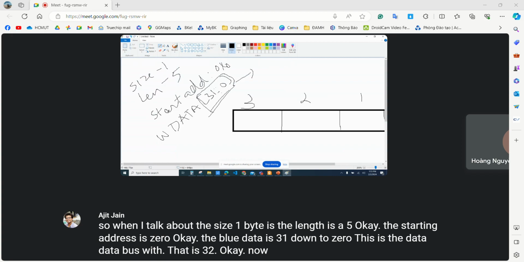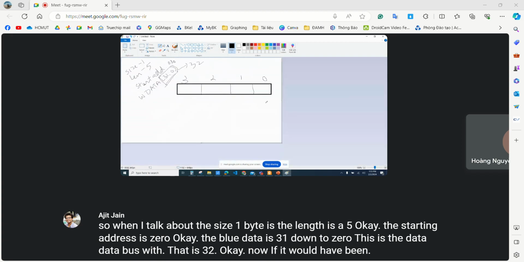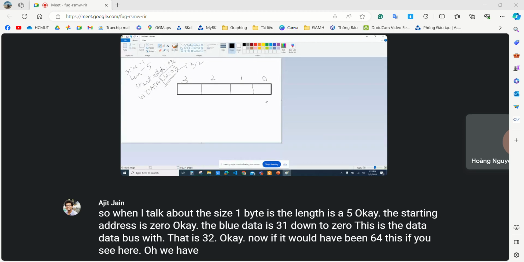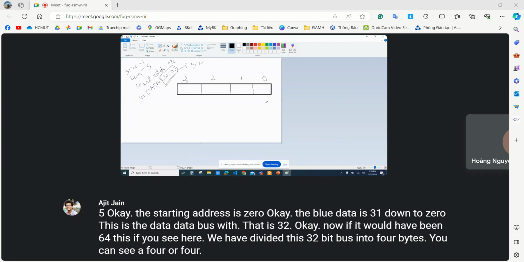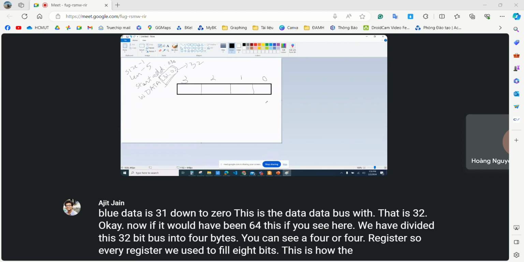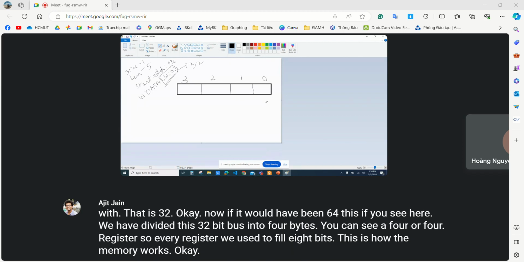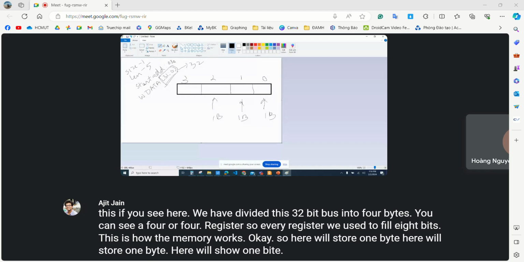If it had been 64, the bus would be divided differently. Here we have divided this 32-bit bus into 4 bytes, you can say 4 registers, and in every register we fill 8 bits. This is how the memory works. Here we'll store 1 byte, here 1 byte, here 1 byte, here 1 byte.